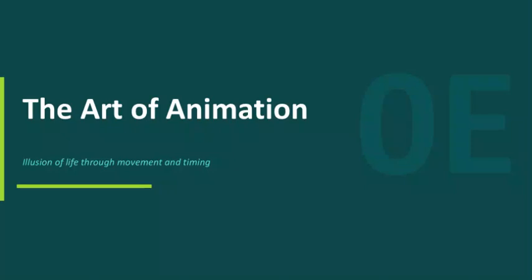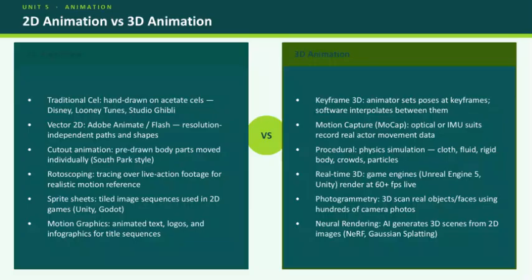This blend of creativity and technique has made it a powerful medium for entertainment, education, and visual communication across the world. 2D animation relies on traditional techniques like cell animation and vector graphics, while 3D animation uses keyframes and motion capture for a more dynamic experience.